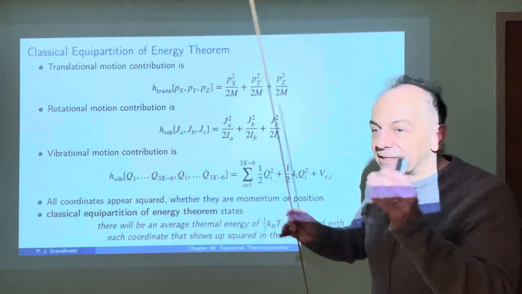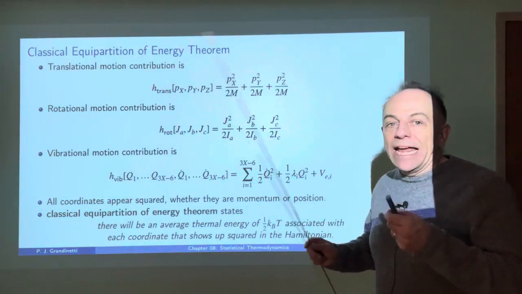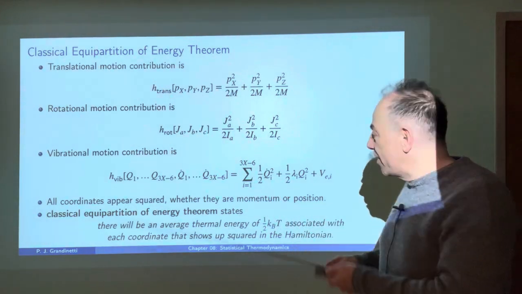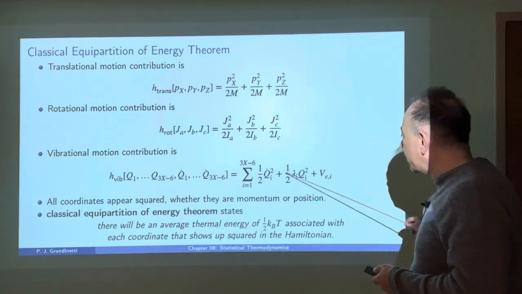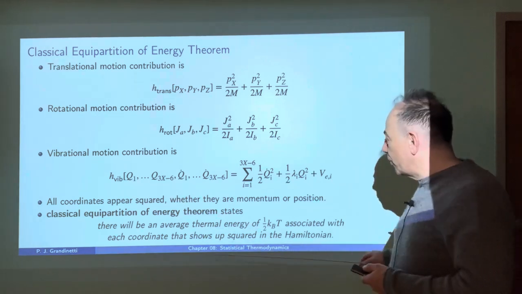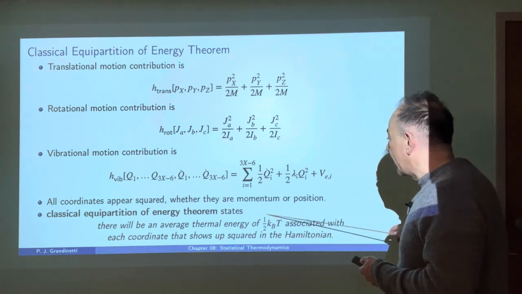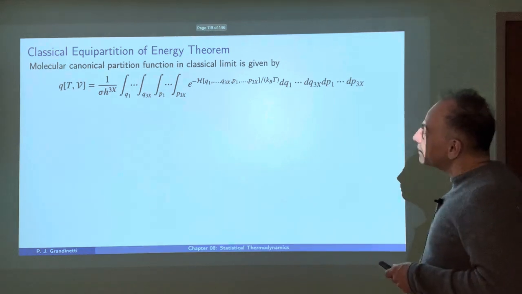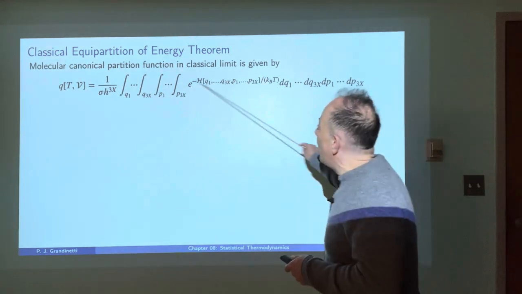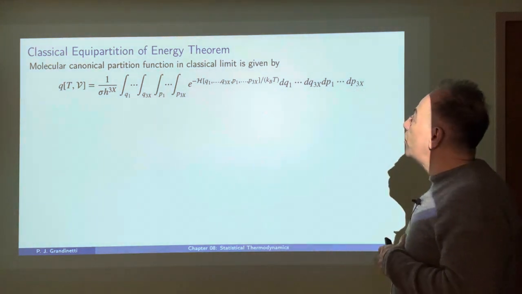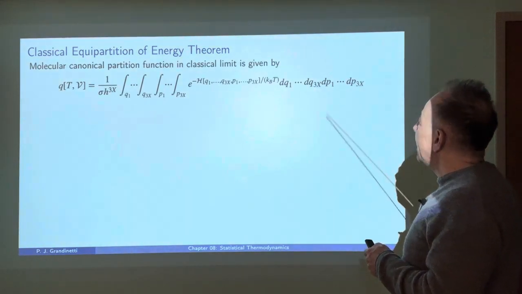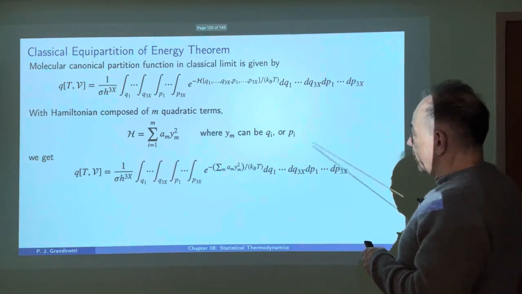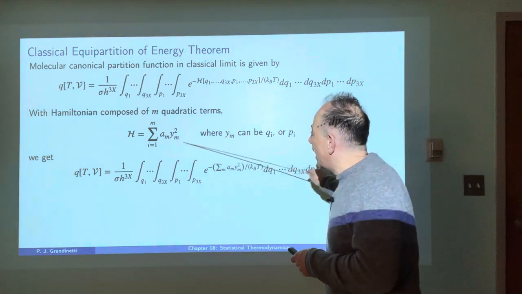Okay, now that sounds like some kind of magical statement, but we're going to actually show that that is actually true. So every coordinate that shows up squared here is going to lead to a contribution of 1/2 kBT to the thermal energy. So to do that, we'll go back to our molecular canonical partition function, and we will then use some generic form of a Hamiltonian.